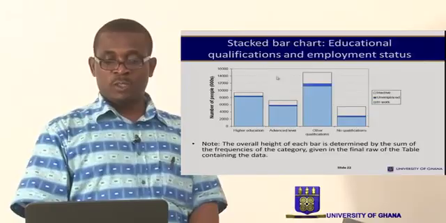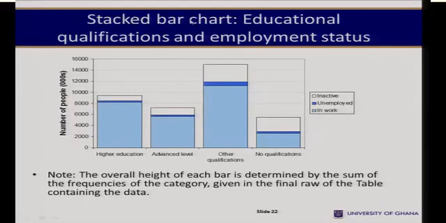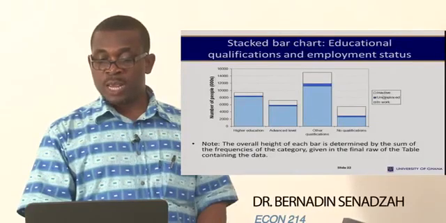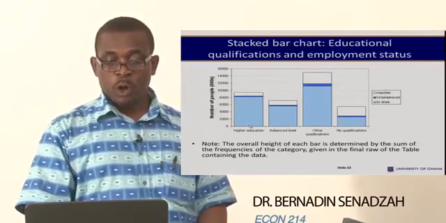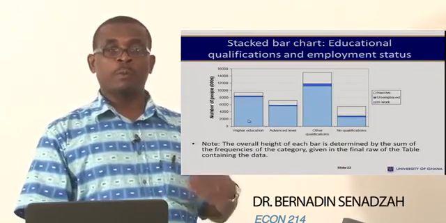Now you can also have what is called the stacked bar. What it means is that we put bars on top of one another. So for example, even though we still want to represent the three categories of employment status, we don't put them side by side, but on top of each other.